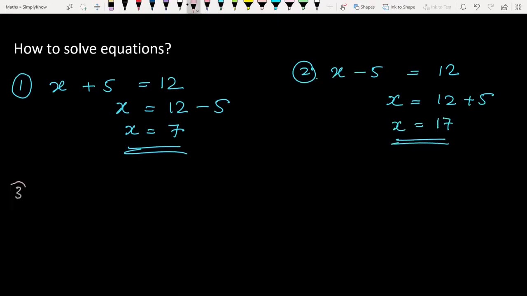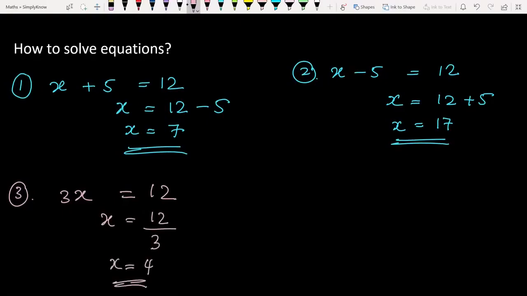Third equation, 3x equals 12. Now here 3 is multiplied on the left side. So when we transpose 3 to the other side, we need to divide right side by 3. Therefore, x equals 12 divided by 3, which is 4. x is 4. Fourth equation is x over 3 equals 12.